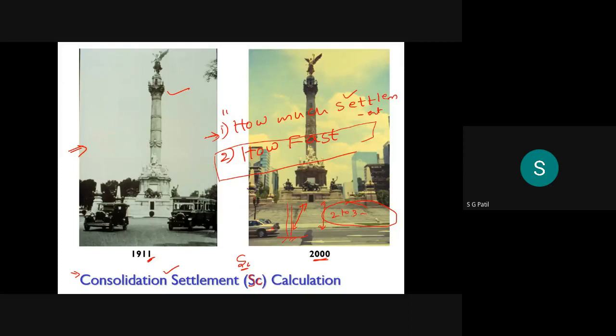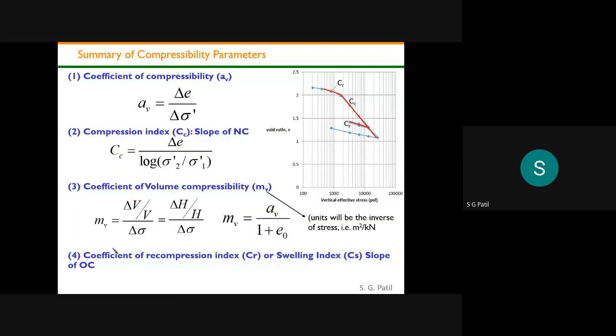There are 4 important parameters we will obtain in the laboratory. What are those 4 important parameters? One is the coefficient of compressibility.